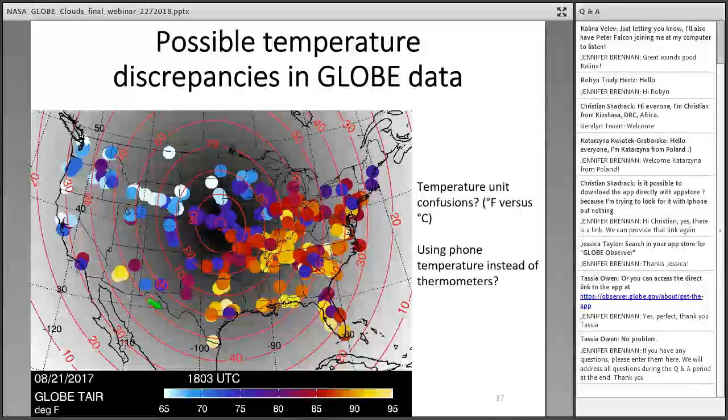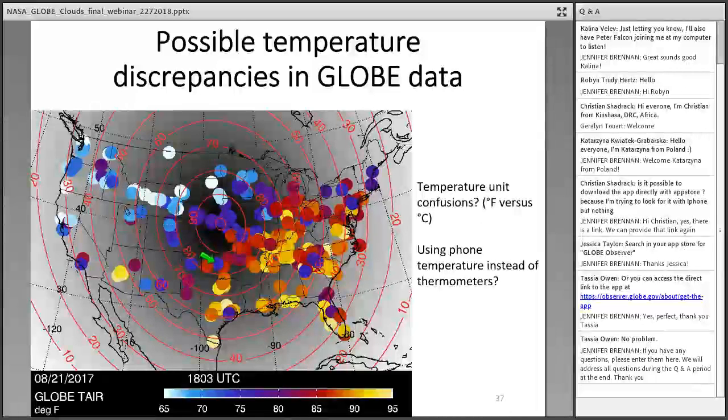So here I'm showing a still from the video that I showed earlier, and you can see this is right in the middle of the eclipse passing over the United States. And I'd like to draw your attention here to Oklahoma. If you look at Oklahoma, for example, you see that there are 3 observers at this particular time who reported a temperature of something like 85 degrees Fahrenheit.